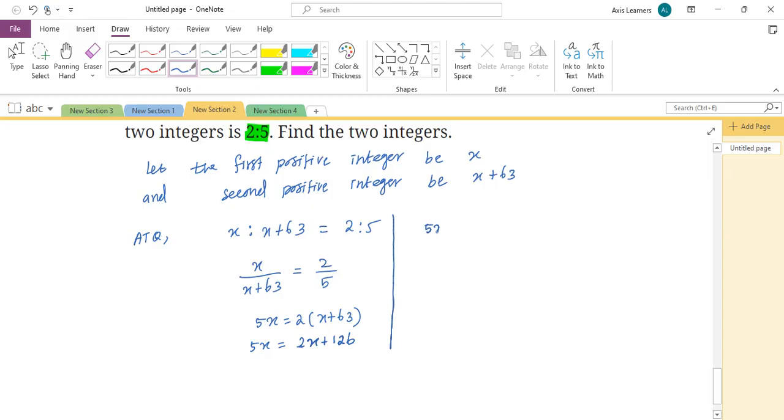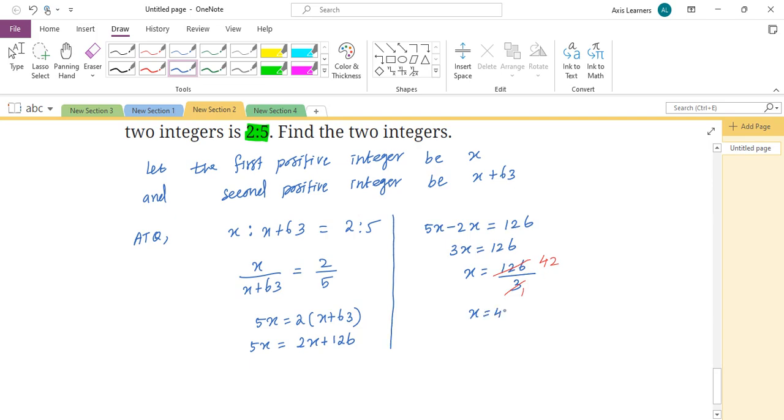So 5x minus 2x equal to 126. 5 minus 2 is 3. 3x is equal to 126. So x will be 126 divided by 3. So what will be the x value then? If you cancel it, 1 3 is 3, 4 3s are 12, 2 3s are 6. So x is equal to 42.